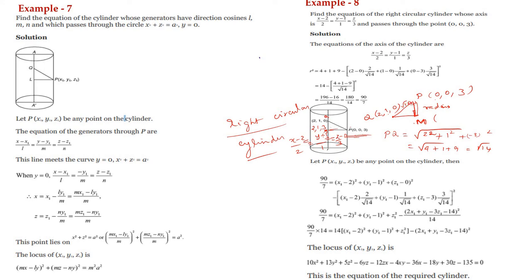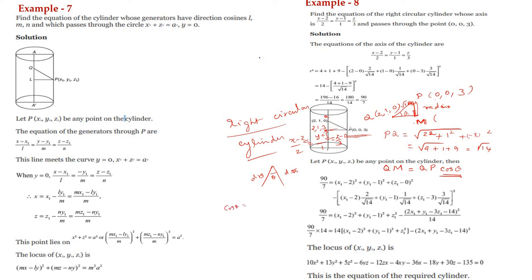Then from this right angle triangle, if we take theta to be the angle between them, QM is given by QP cos theta. Now what is theta? Theta is the angle between these two lines. How do we determine cos theta? If theta is the angle between two lines and we know the DRs, then cos theta can be obtained.